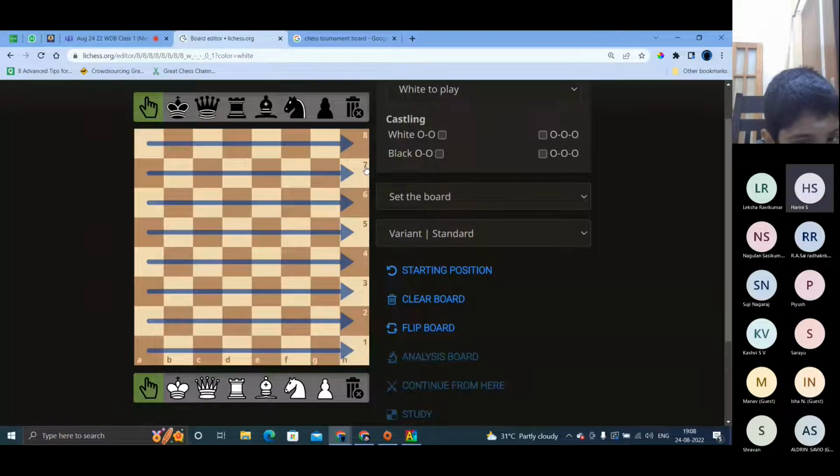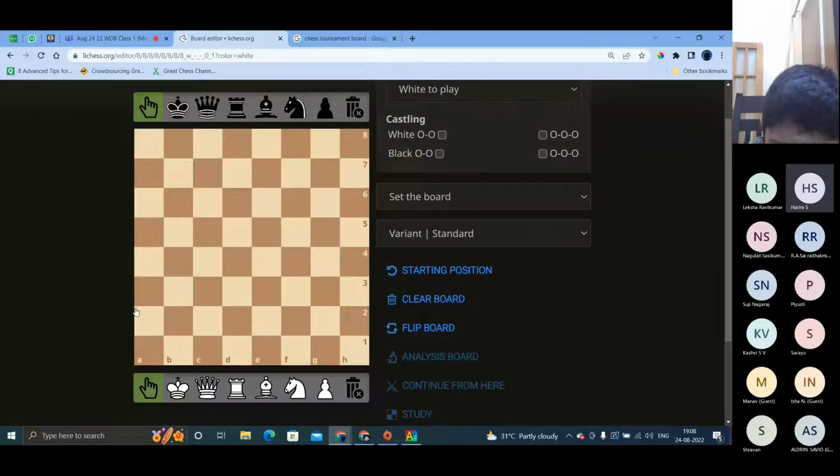Now if I point to a square, you have to drag your hand like this and find which rank it is in. If this is the square, you have to tell me this is in fifth rank. If I point to this square, you have to tell me this is in eighth rank.